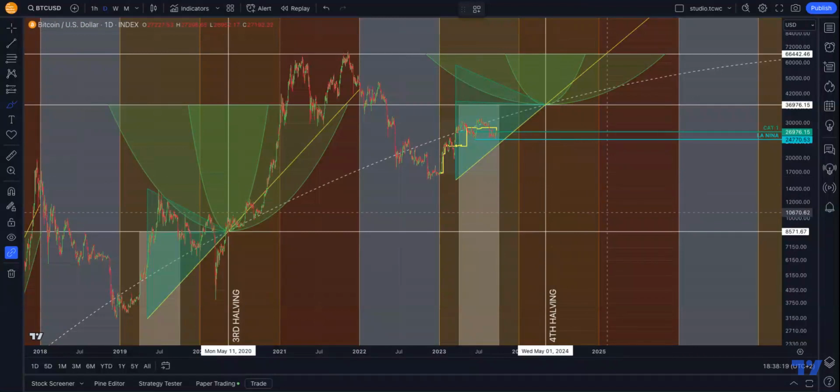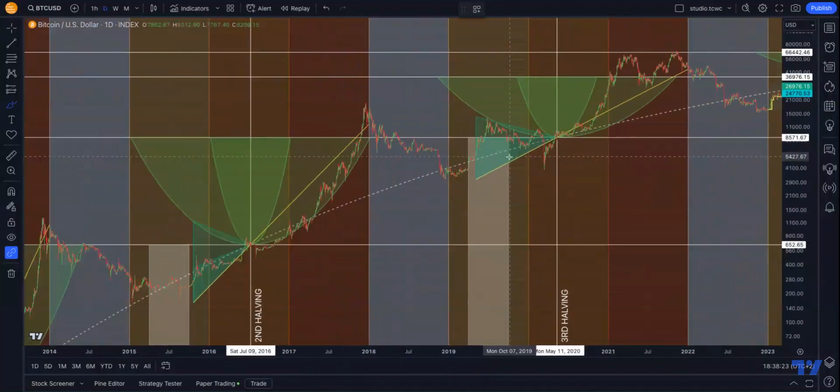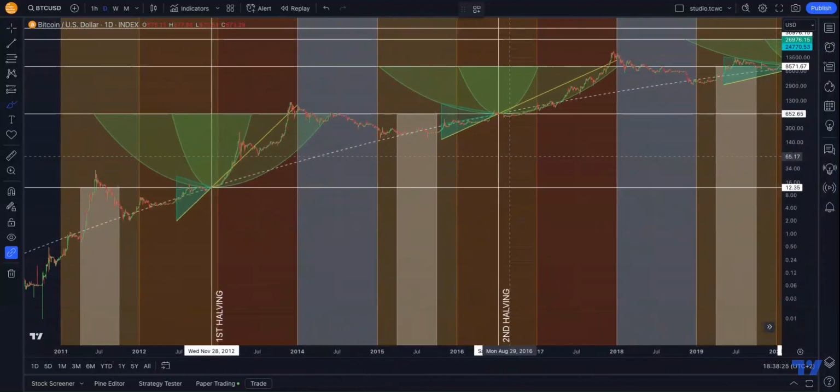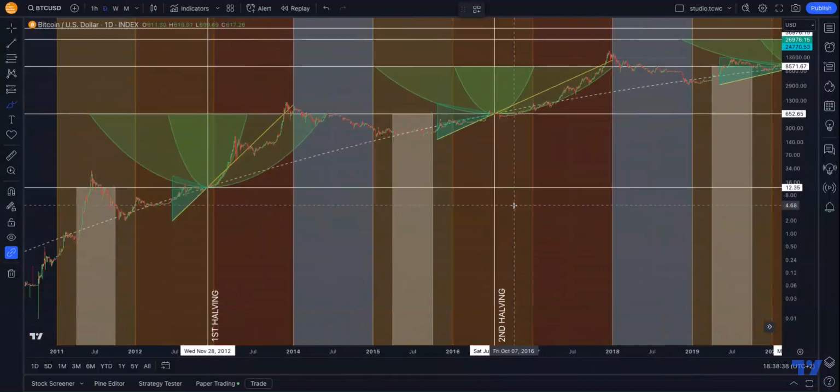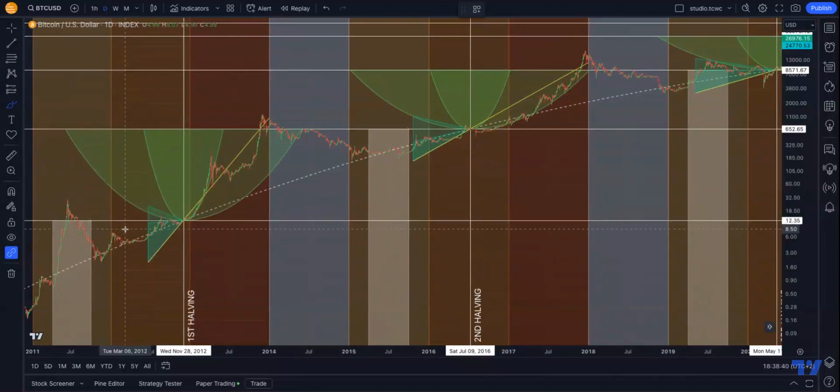The reason why we have these patterns in these positions in every single cycle is because this is the average, most likely place these patterns will occur in each cycle. So these are the default positions.